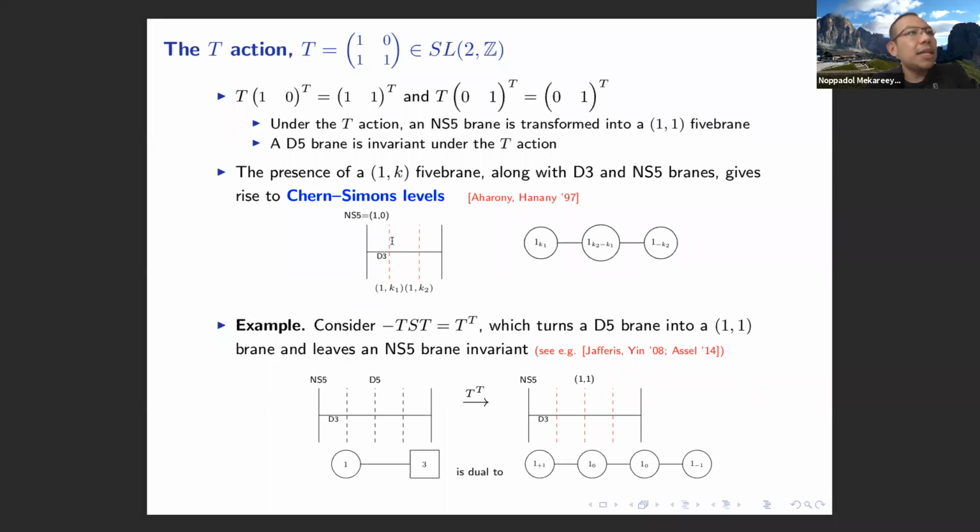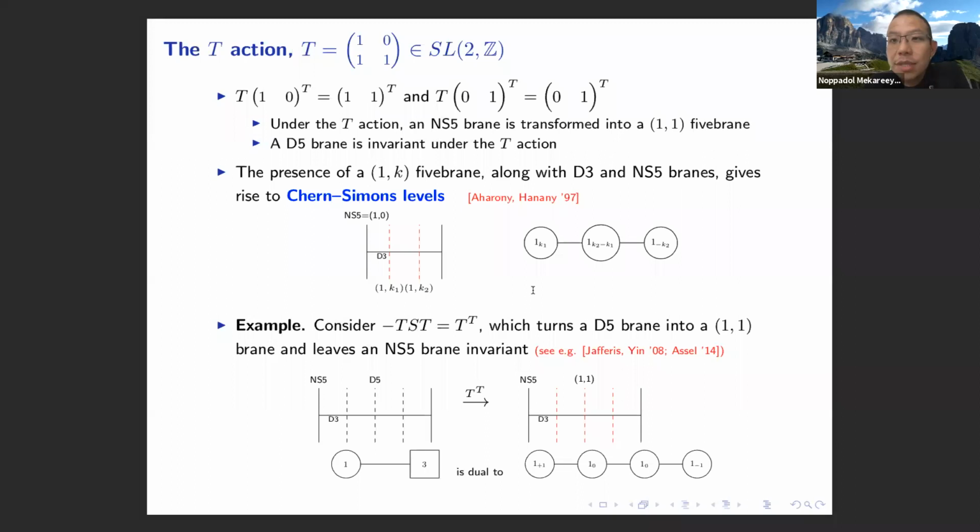The prescription is that suppose you have two (1,k) 5-branes, call them (1,k1), (1,k2), and an NS5, which in this basis we call (1,0). You can subtract the pairwise differences, k1 minus 0, k2 minus 0, k2 minus k1, and 0 minus k2, and read off the Chern-Simons levels of the gauge theory just from this system.